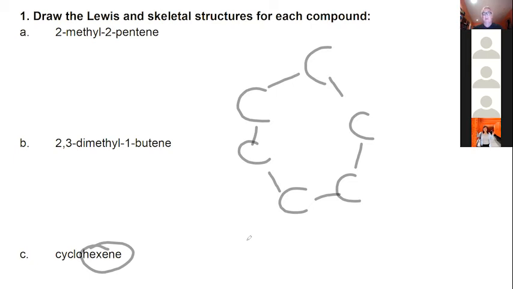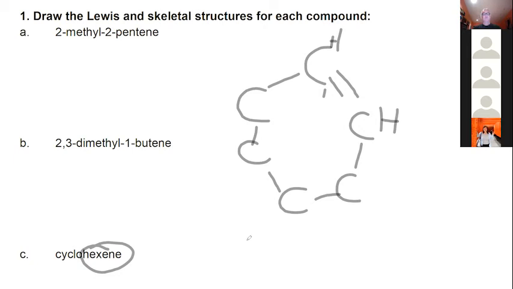Does it matter where I put it? No. Because wherever I put it, that automatically becomes carbon 1. So that is carbon 1. And since there are no substituents, we don't need to name it. So that's it. And then we just fill in hydrogens. 1 there, 1 there, and then everybody else gets 2.